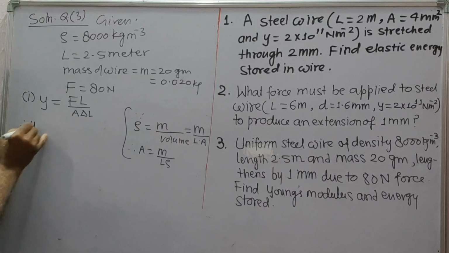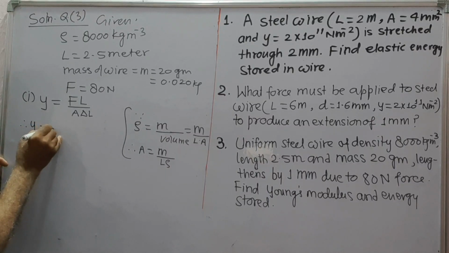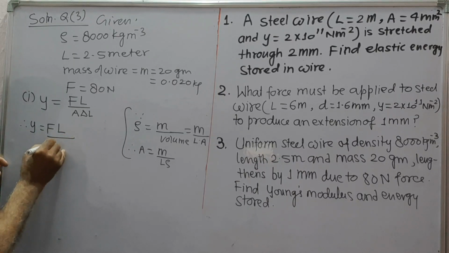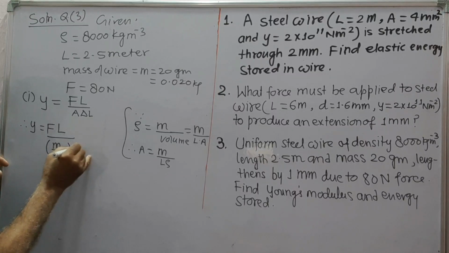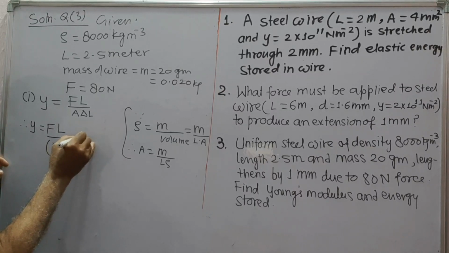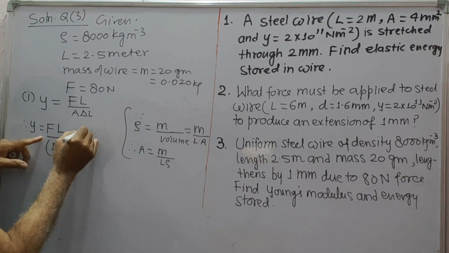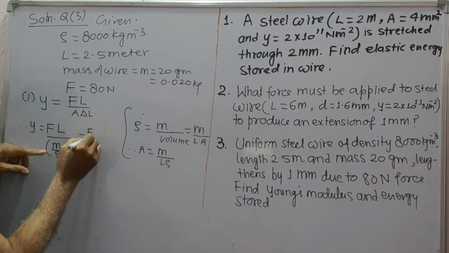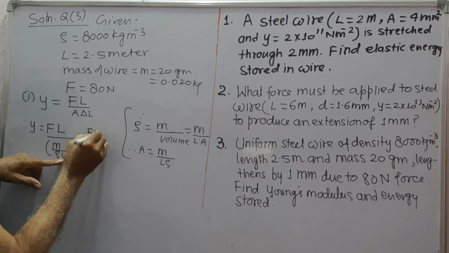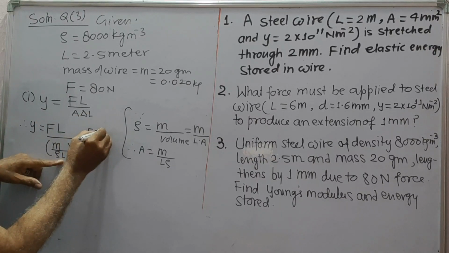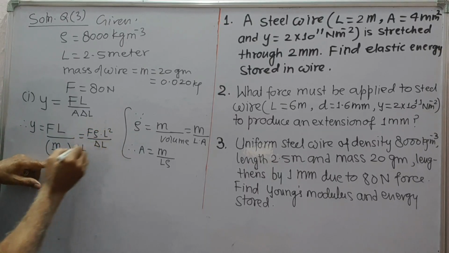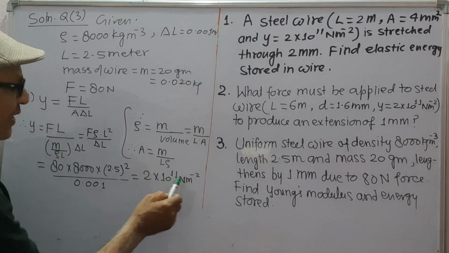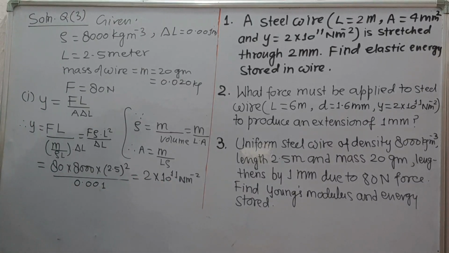Therefore, Y will be equal to F L upon A, meaning F rho L square upon m delta L, and we get Y as 2 into 10 to the power 11 Newton per meter square.